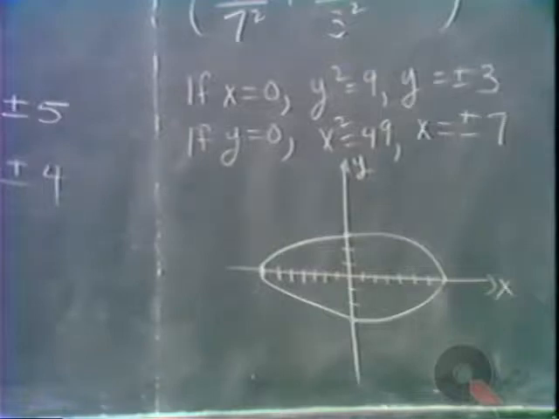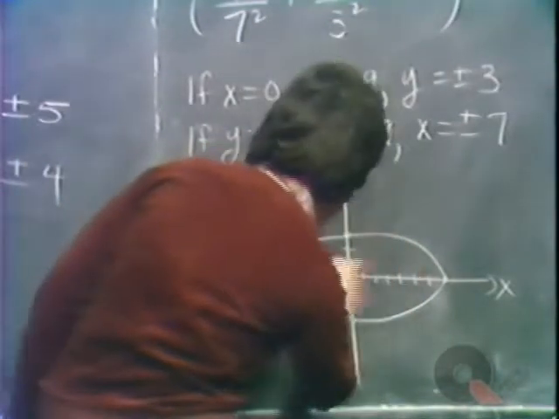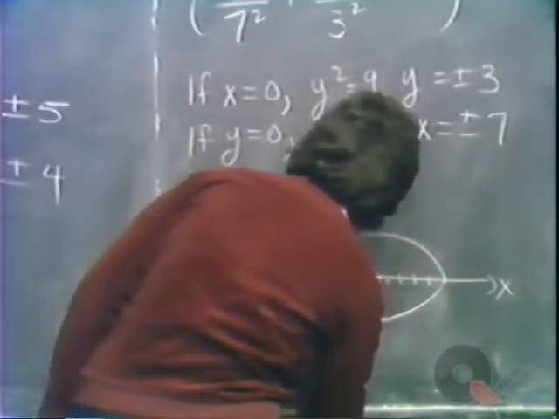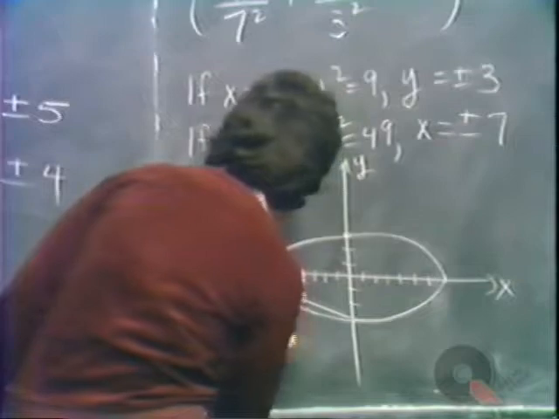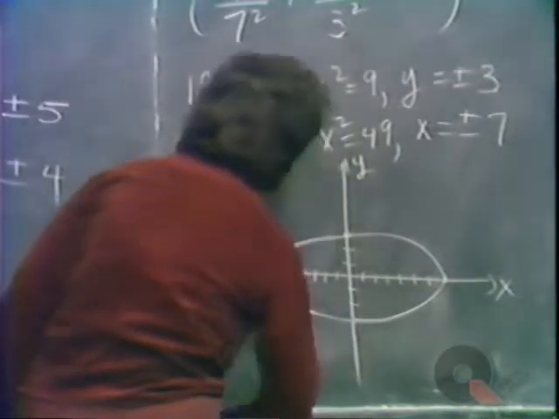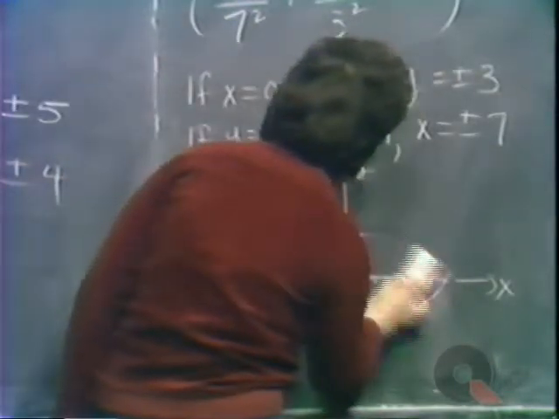Well, we try. See how we can fix it up a little. Does that help? Obviously, if you could plot a few more points, you'd have some help in sketching this.